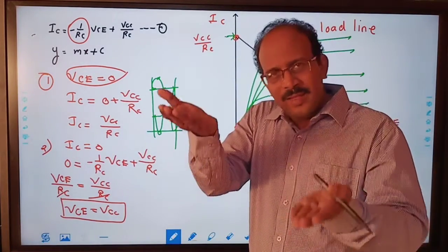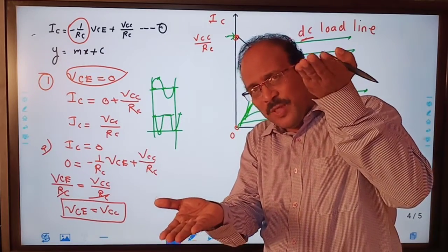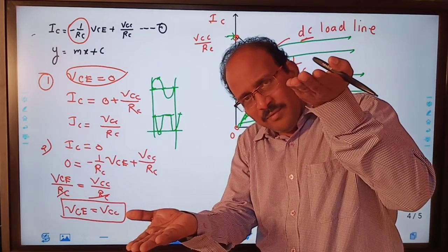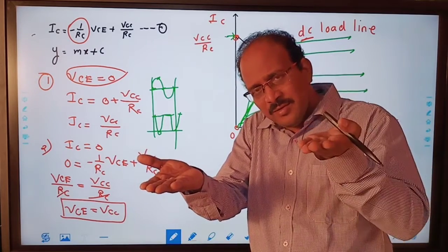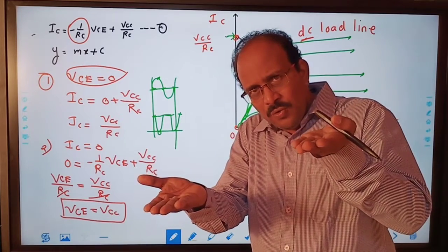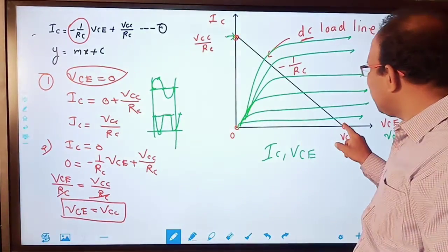Okay? Like this. So if you see the operating of this, where is IC and where is VC? Now if I increase this, where is IC and where is VC? In the first case, when IC is 0, VC is here.